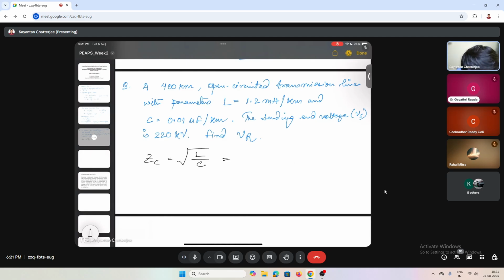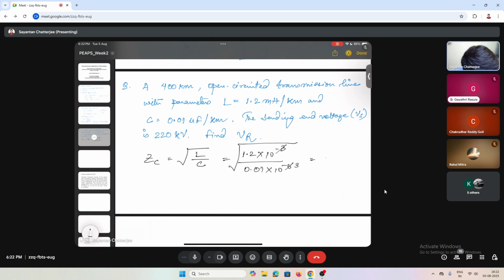L is given as 1.2 into 10 to the power minus 3, and C is given as 0.01 into 10 to the power minus 6. Square root of L by C. So 10 to the power minus 5 and 12 into 10 to the power minus 6.